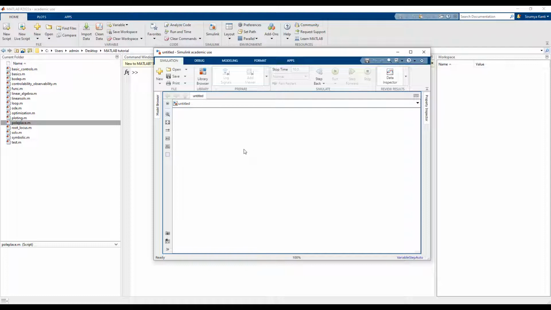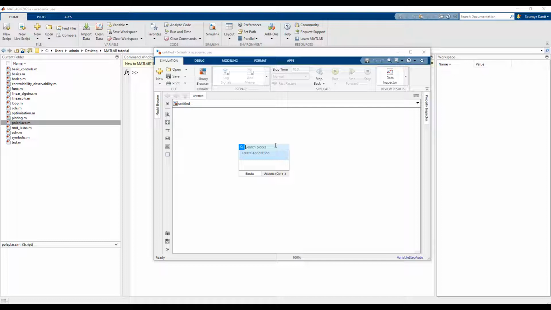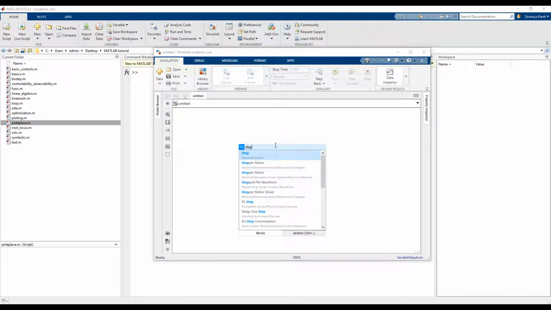Suppose I want to get the step response of a system. If I am given a transfer function, I want to find out its step response. For that I will need a step block. If I start typing, you can see it comes out.